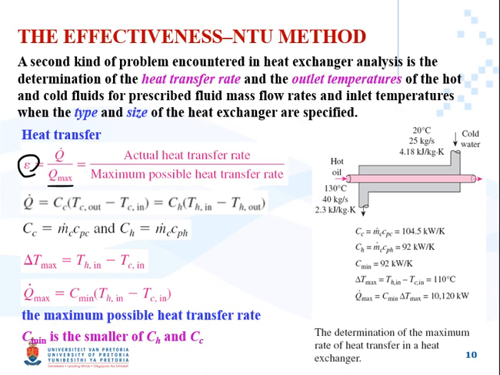But the challenge is, in what kind of situation are you going to get the maximum heat transfer rate? Q max could in principle be achieved in a counterflow heat exchanger.